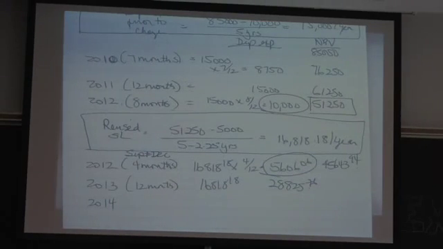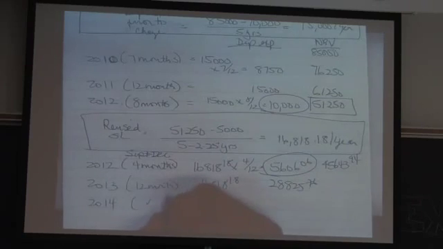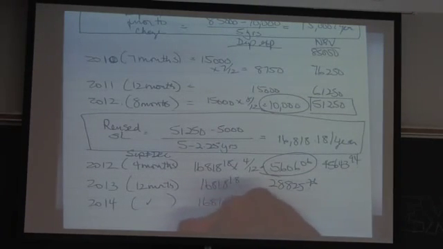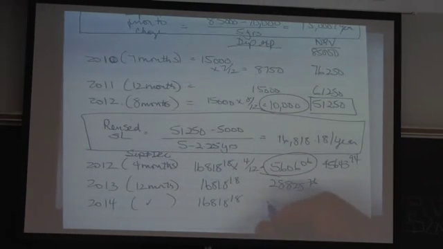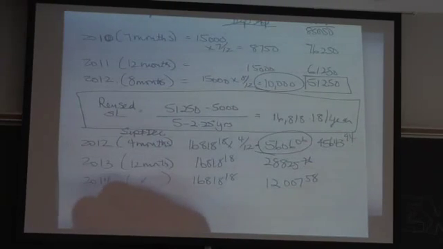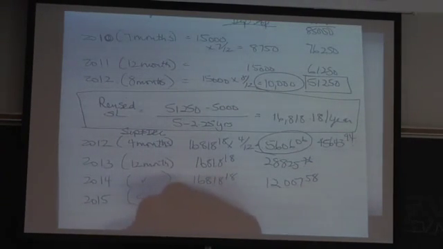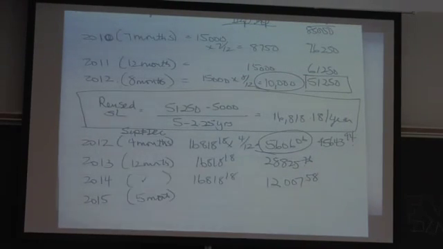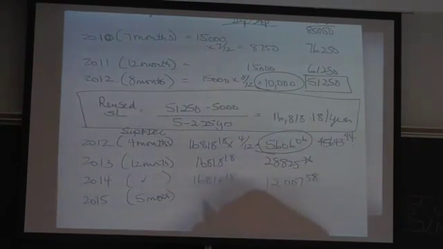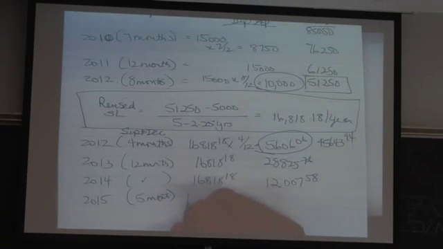2014, it's 12 months as well. Net book value is going to be 12,007.58. In 2015, we know there's only 5 months because that gives us the 5-year period. And 5 months is going to be 16,818.18 times 5 over 12.